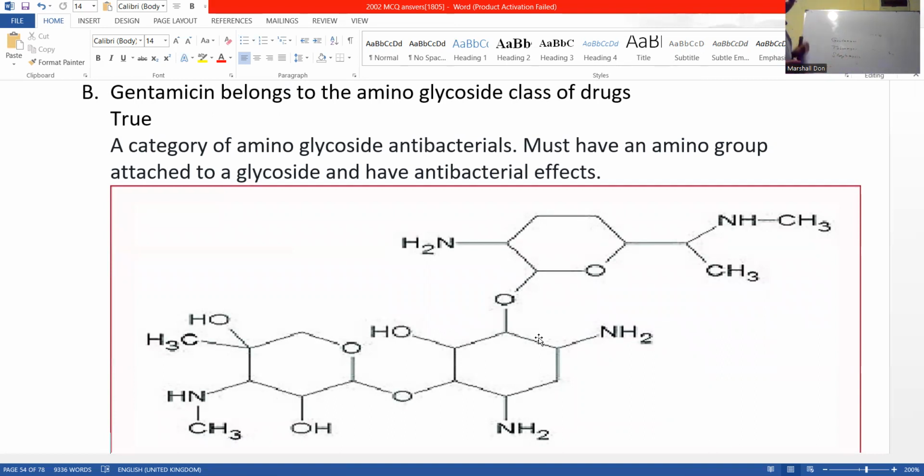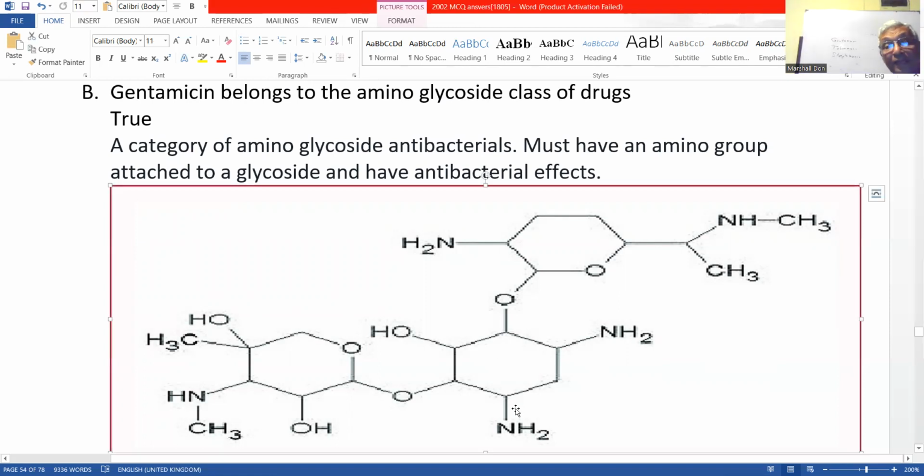They cannot be given orally because it is a huge molecule. And also it can ionize, so it cannot go through the absorption process in the stomach. So it can be given by injection.